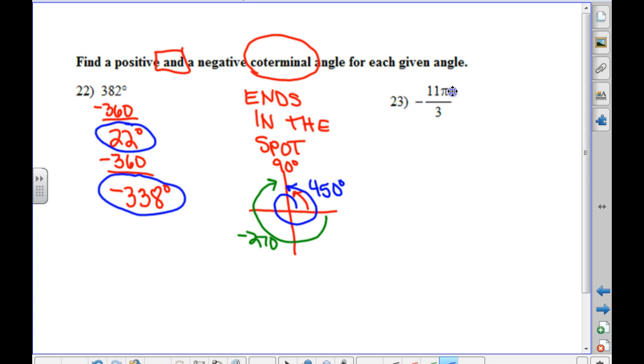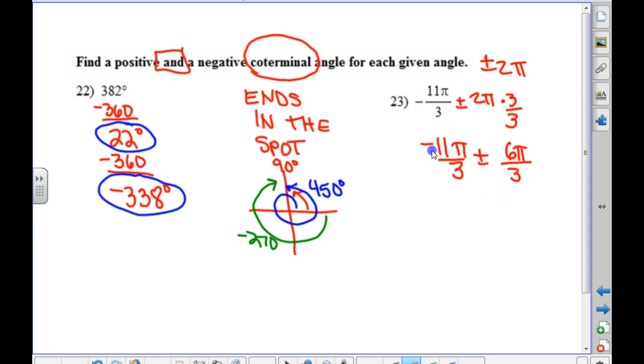It gets a little trickier with radians because nobody likes fractions, but it's all just adding and subtracting 2 pi instead of 360. If we need 2 pi to be thirds, we have to multiply top and bottom by 3, so we're actually doing 6 pi over 3. That's the same as 2 pi, everybody okay?